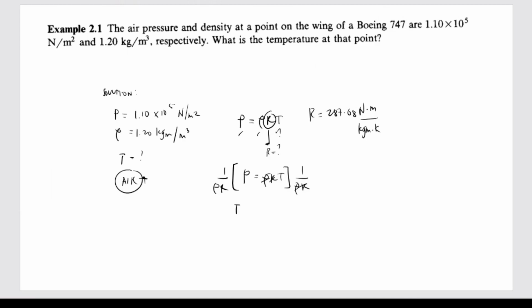And then T is equal to pressure over rho times R. So, T is equal to 1.10 times 10 raised to 5 Newton per meter squared over the density 1.20 kilogram mass per cubic meter times the R, 287.08 Newton meter per kilogram mass Kelvin.